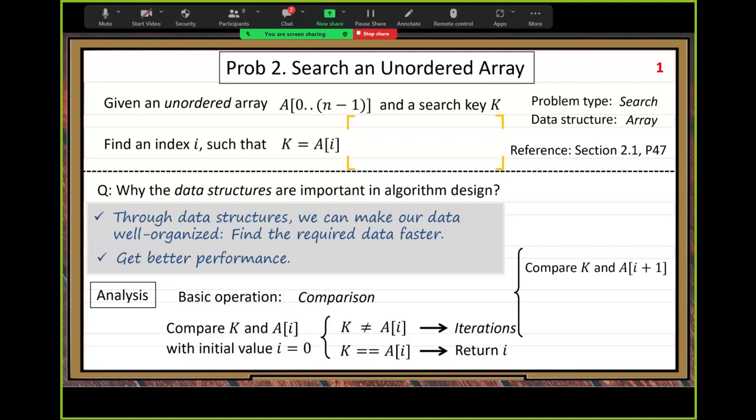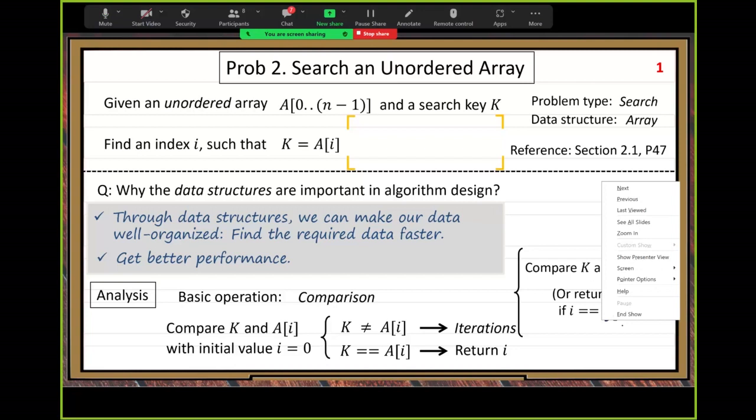So we need to consider two possibilities again. But at the end, we need to do the comparison between K and the last element, with index value n minus 1. If K is still not equal to the last element, then we return -1.